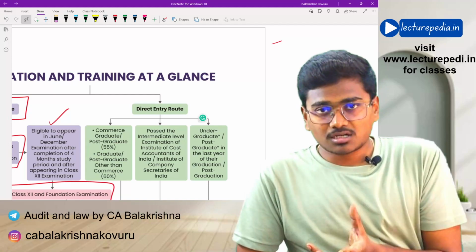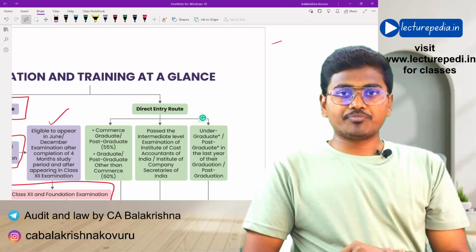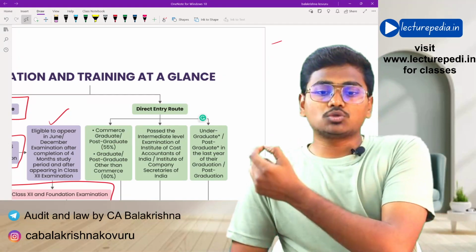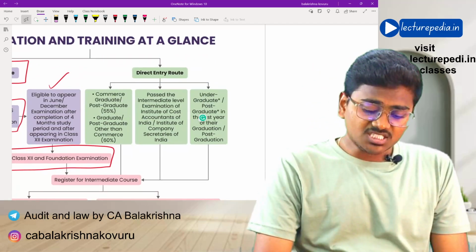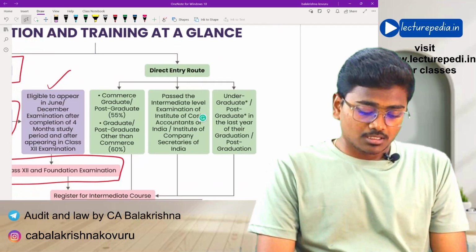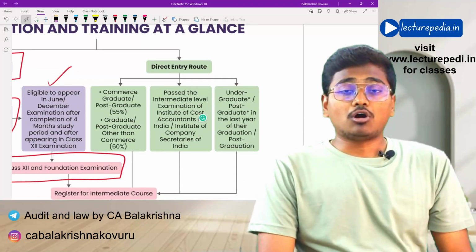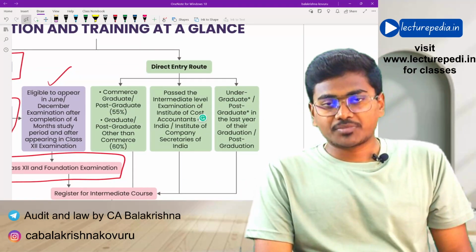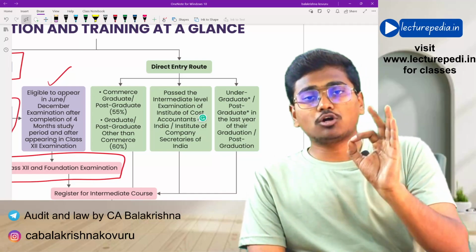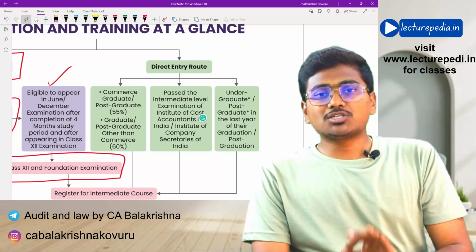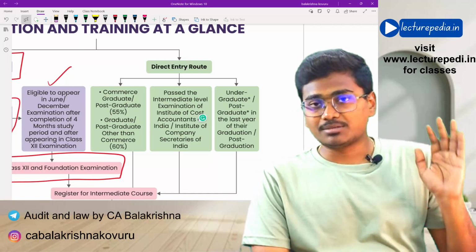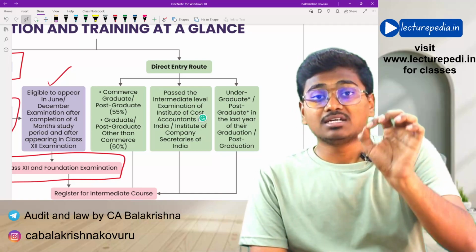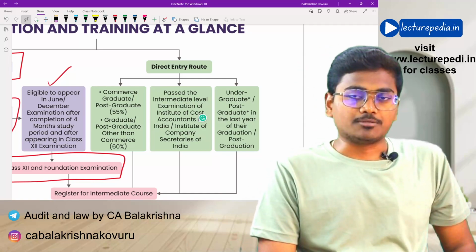What is the eligibility for this route? First of all, you should have completed either graduation or post graduation. If you have, you need not write the foundation examination, and you can directly appear for the CA intermediate examination.